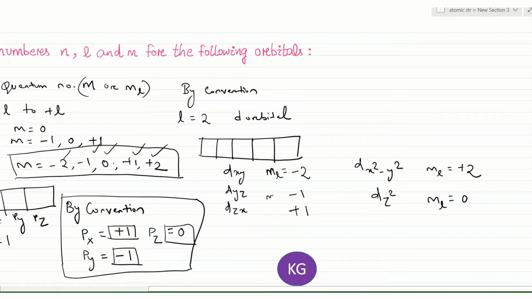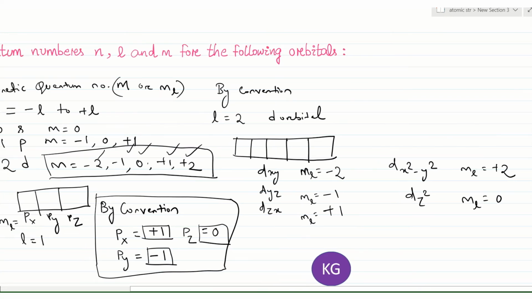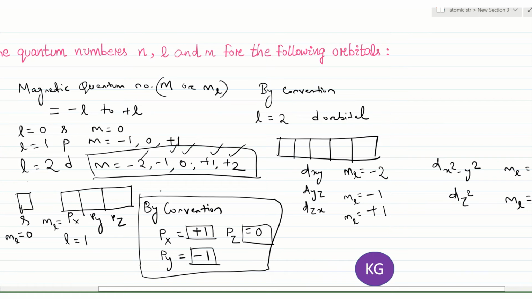Okay. So you have to remember these values.